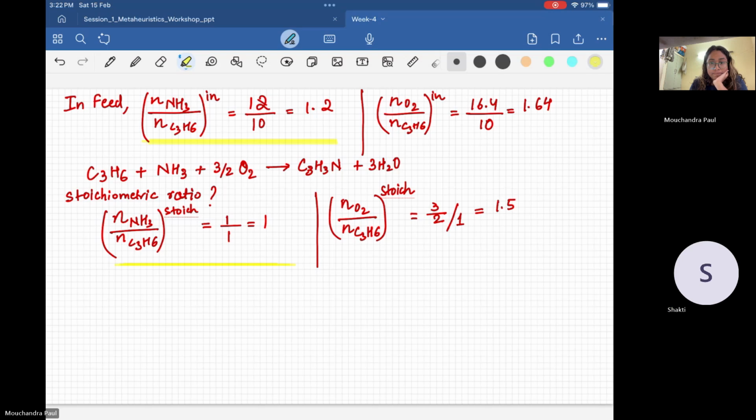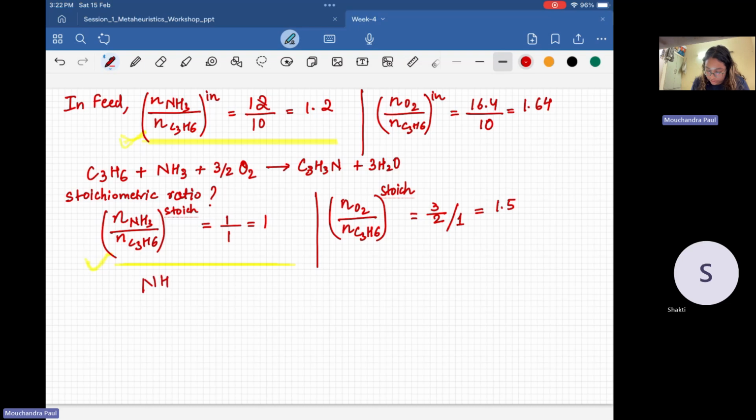Which two reactants are there in these two? Ammonia and propylene. So which is in excess, ammonia or propylene? Ammonia, right. That is the answer.